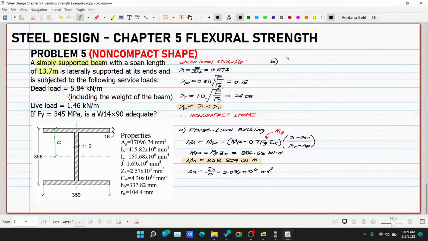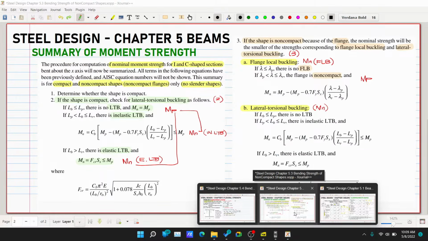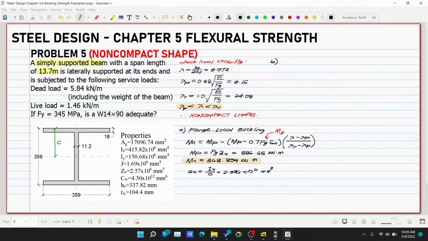And then, solve natin yung ating sa letter B, sa lateral torsional buckling. So, para dito, kailangan nating i-check yung ating unbraced length kung siya ba ay greater than sa Lp or less than sa Lr.